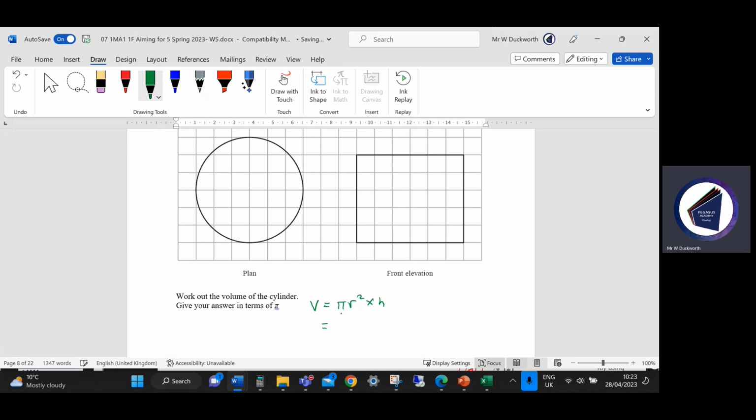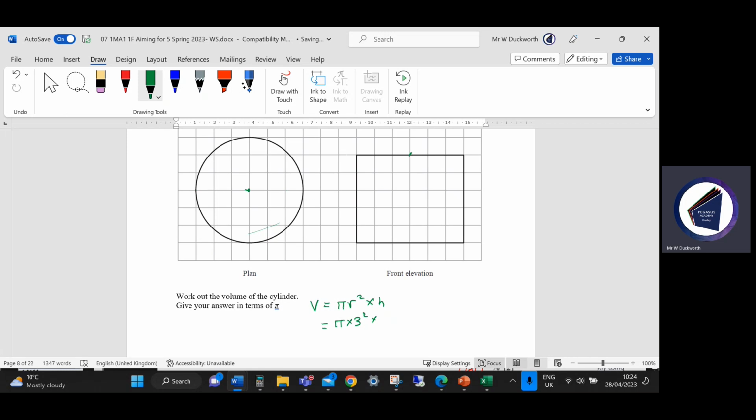So we might get the height and the width confused on this cylinder, but we can work it out from the circle. So the radius of that circle is going to be 3. So pi times by 3 squared times by the height. Well, the diameter of the circle is 6.